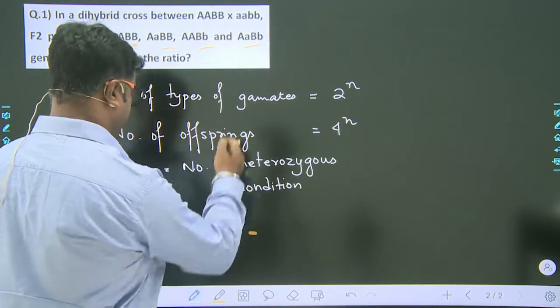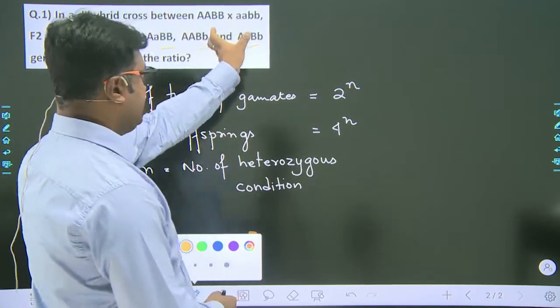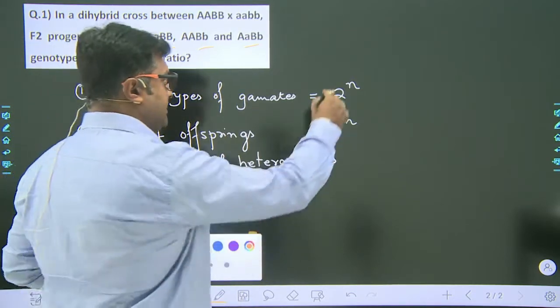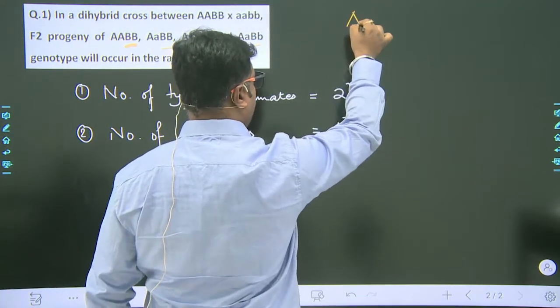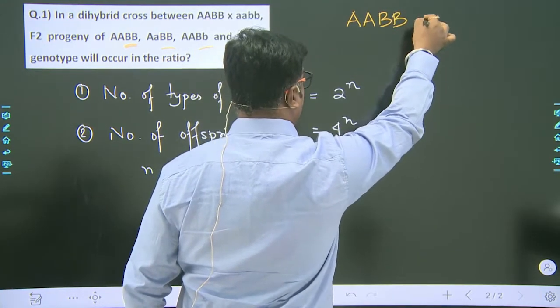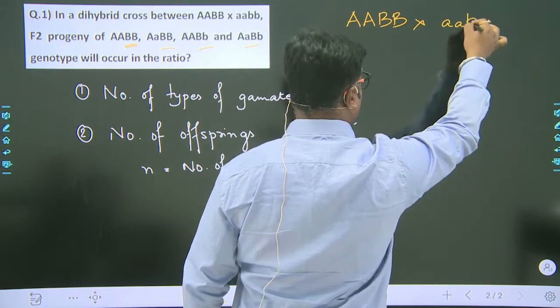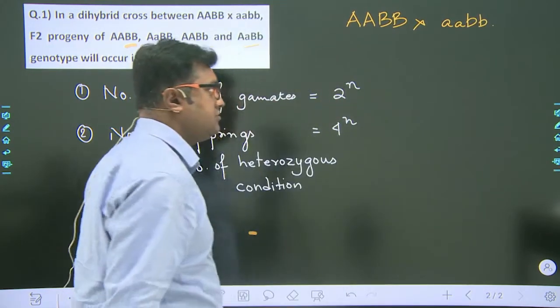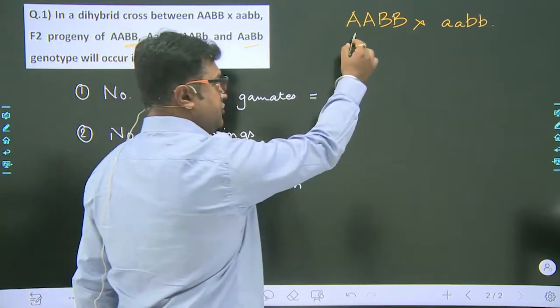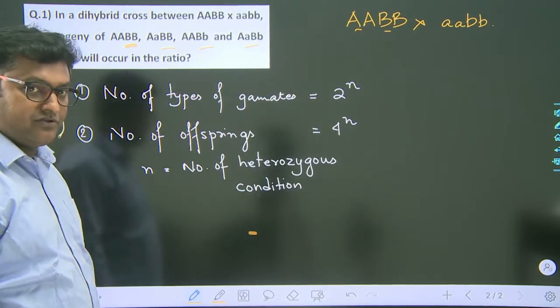So let us see this question. Here a dihybrid cross is being conducted between capital A, capital B, and small a, small b. Since two characters are studied at one time, it is obviously a dihybrid cross.